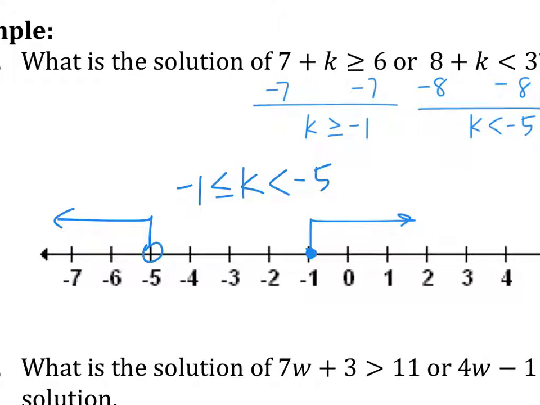Why not? Yeah. Because that would mean that it's in between -5 and -1, and its numbers outside of that. Yes. Well, there could be numbers between -1 and -5, right?